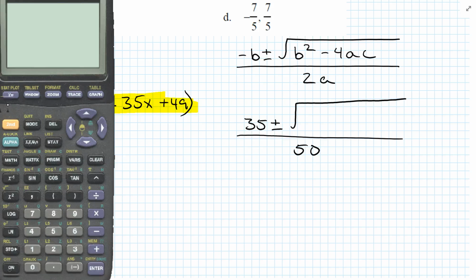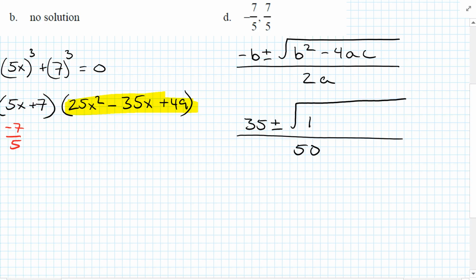Luckily we have a calculator. 35 squared, 1225 minus 4ac. Our A value is 25. Our C value is 49.